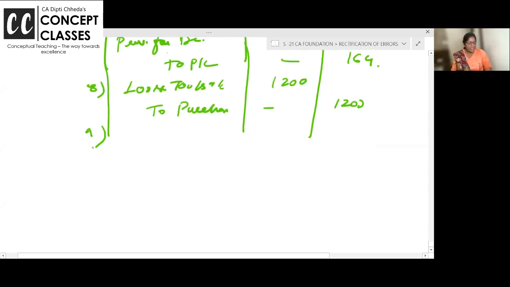So debit. And last one, the proprietor had withdrawn for personal use goods worth 1960 and no entry is recorded. So this is error of complete omission.